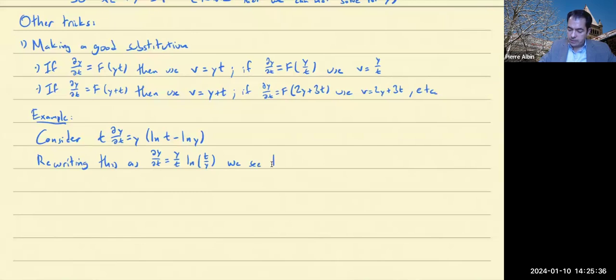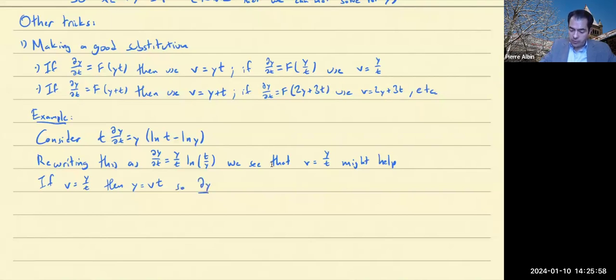So we see that v equal to y over t might help. Okay, if v is equal to y over t, then y is equal to v times t.